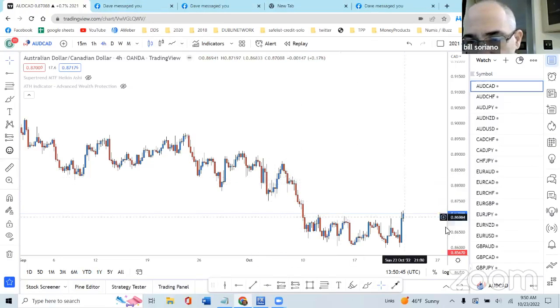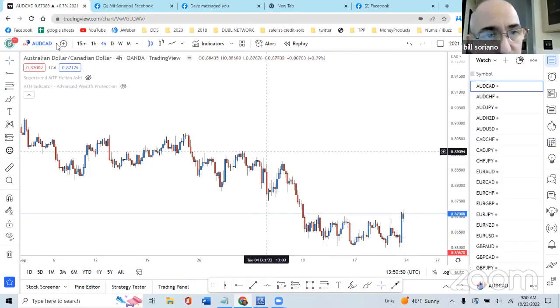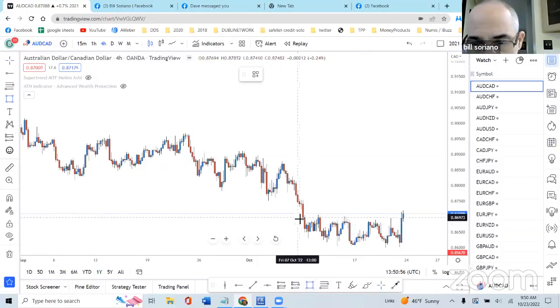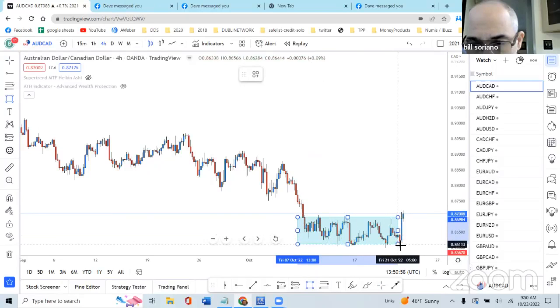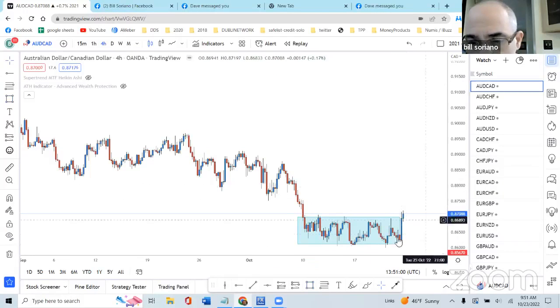Okay, so we also have this pretty big consolidation area here, which could be considered a signature pattern, right? See this big box right here. So we may want to just wait here to see what happens.